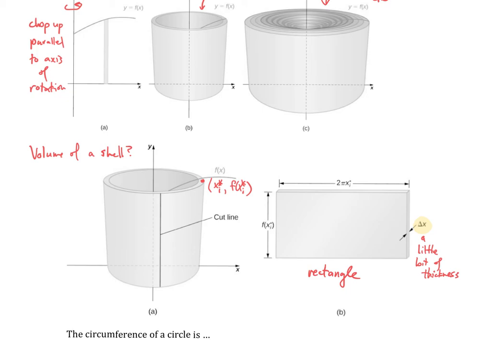So this comes from the circumference of a circle. Okay. So basically, we're going to take the circumference of the circle times the height times a little bit of thickness. And we multiply those three things together, that's going to give me the volume of this shell.